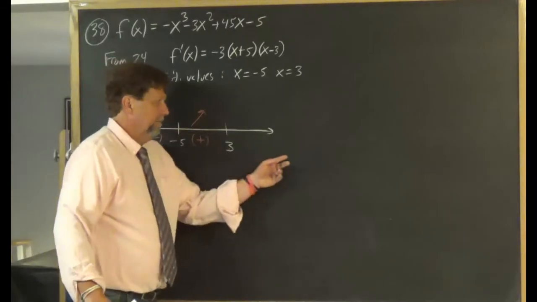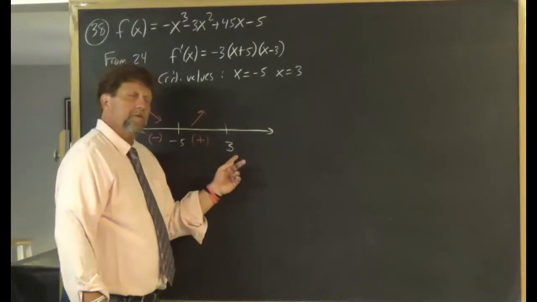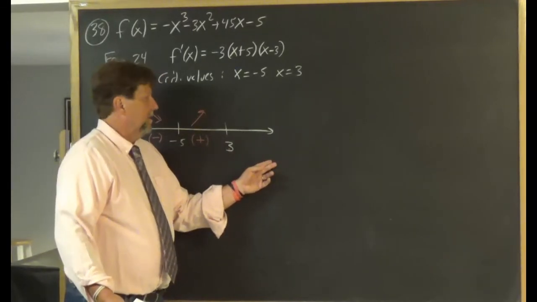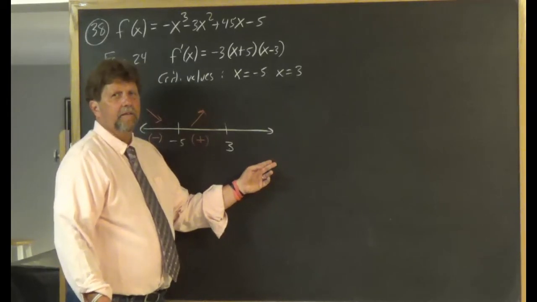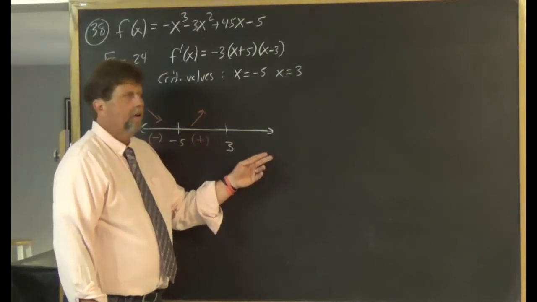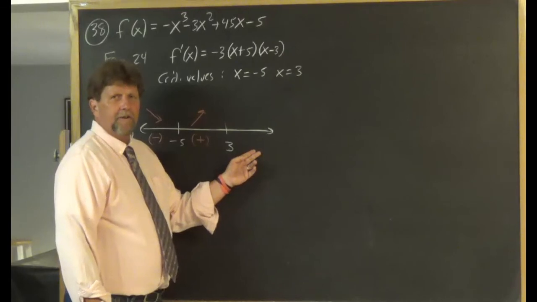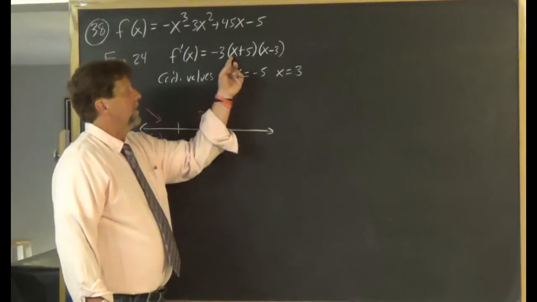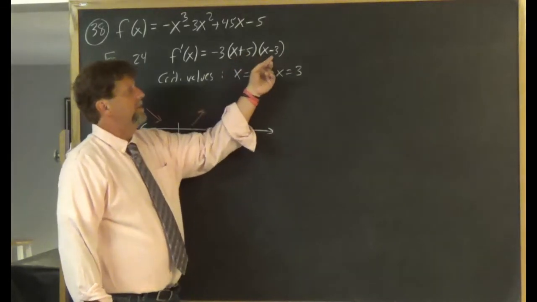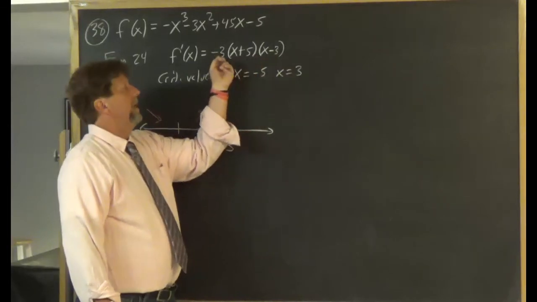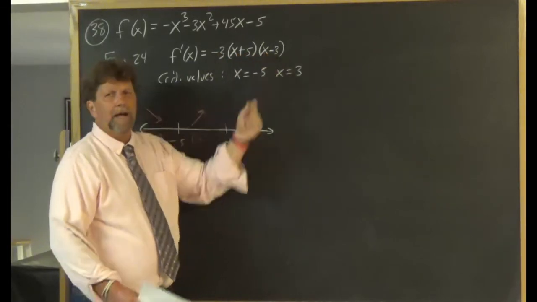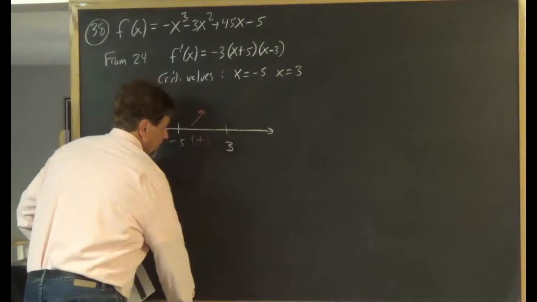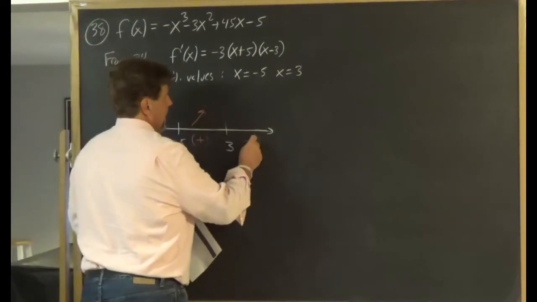Finally, out here, you can pick any value you want that's in the interval 3 to infinity. Did anyone pick pi? Yeah, I wouldn't. I'd pick 4. And when 4 comes into the derivative for the x, this factor's positive, this factor's positive. So a negative times a positive times a positive, that's negative.